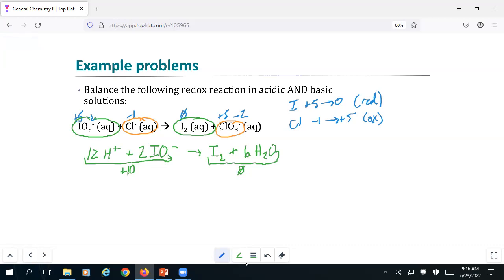To balance the equation, I need to add to the more positive side the number of electrons that it would take to balance the 2 sides. So how many electrons does it take to turn a positive 10 into a 0? It'd be 10. So 10 electrons get added in.